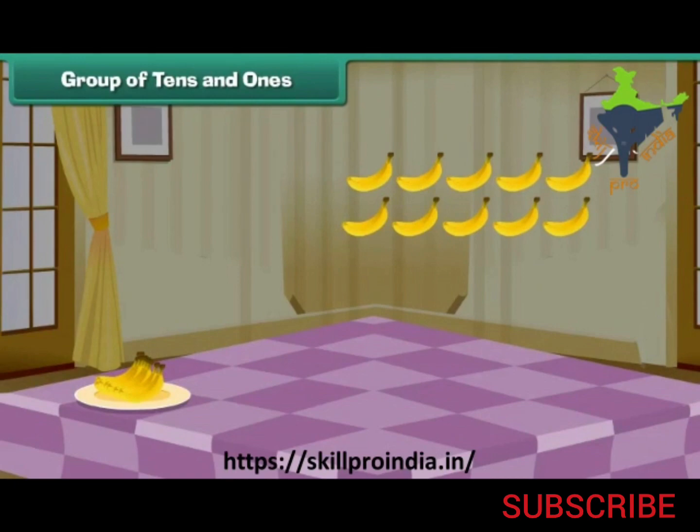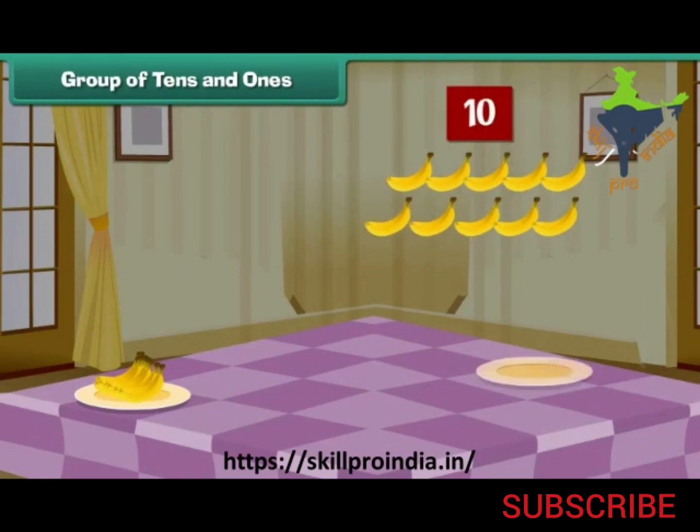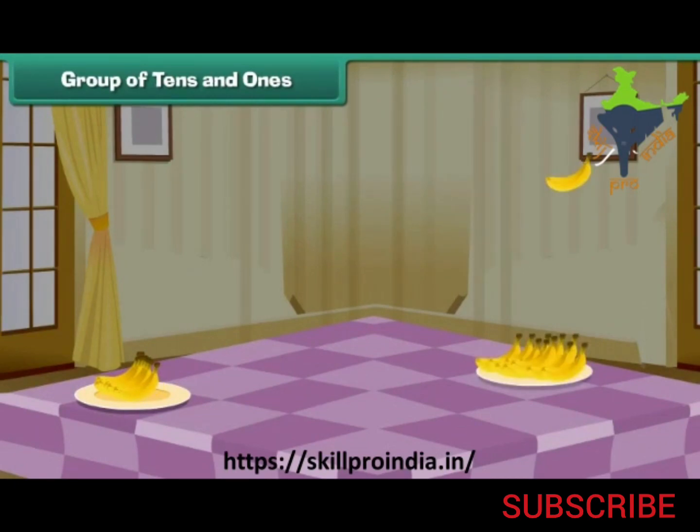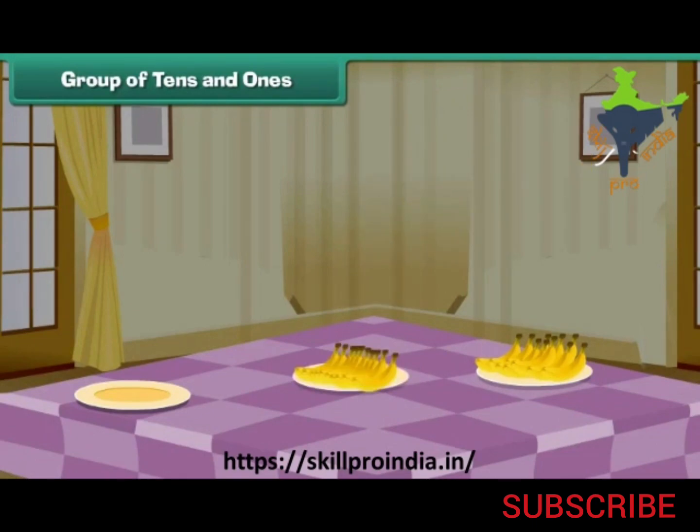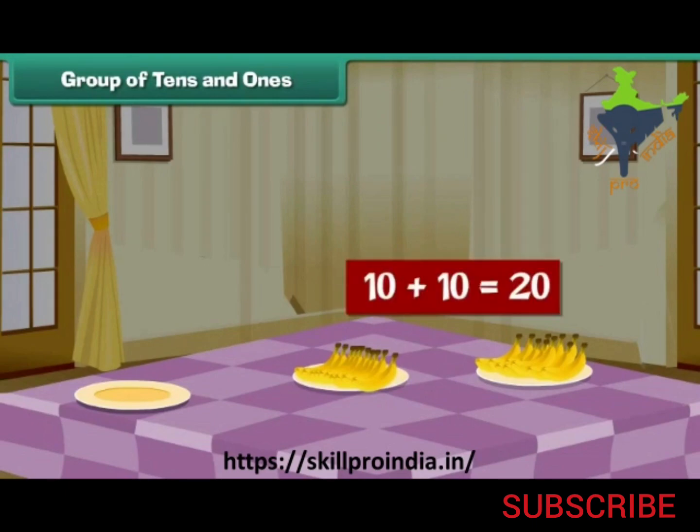We have counted one group of 10. 1, 2, 3, 4, 5, 6, 7, 8, 9, 10. One more group of 10. We now have two groups, each containing 10 bananas. Two groups of 10 make 20.